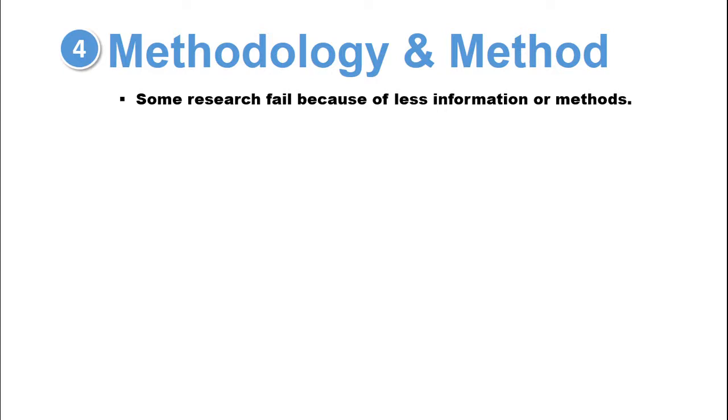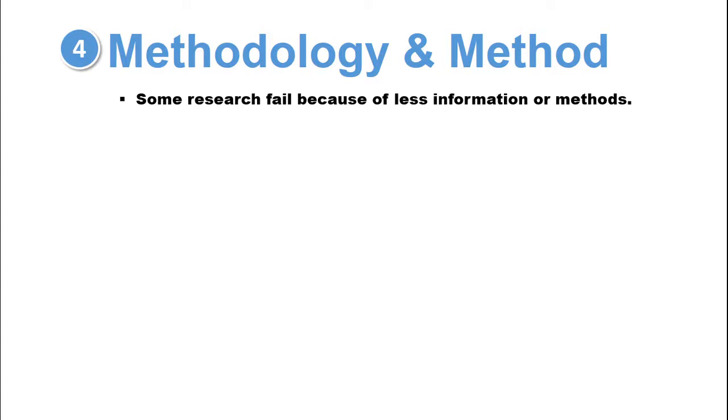Method is the practical realization; in the research process, method means the instruments or tools, or the ways through which we collect our data. So these two terms are totally different in the research process.